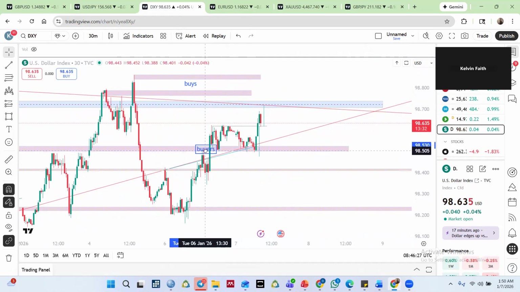Buyers are at this level. Below them, there should be sellers. Simple.